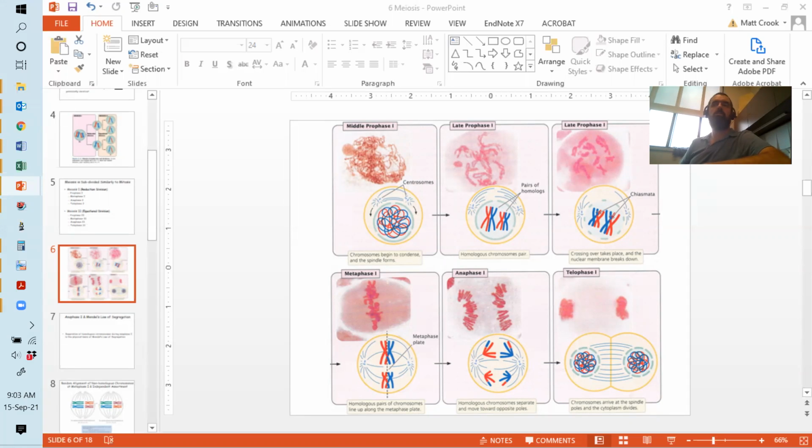But there's another really big deal that is essentially the basis of the law of independent assortment. Anybody think what that might be? Particularly if you look at the metaphase picture down at the bottom left of this slide.